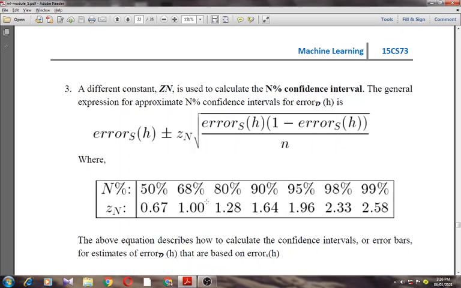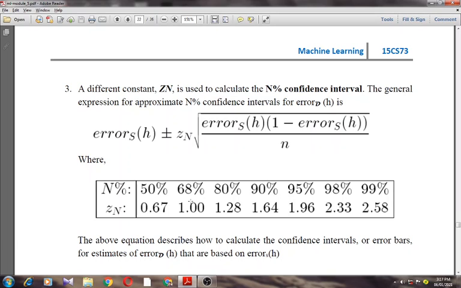Here you can see the different values of Zn for two-sided n percentage confidence intervals. With respect to this formula, the constant Zn is chosen depending on the desired confidence level using the values of Zn given in this table.